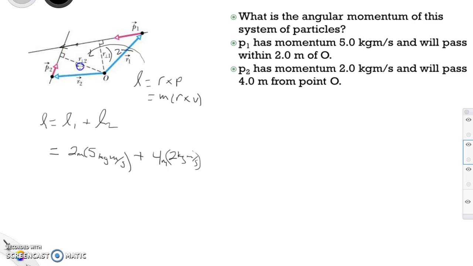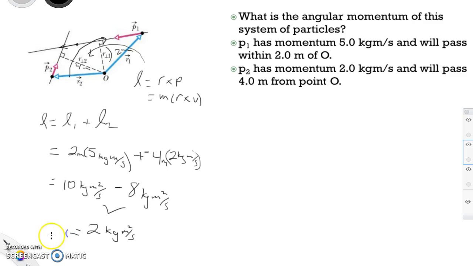So this distance here is 4 meters. And for this one, it's going to cause it to rotate clockwise, which means this one is negative. So we get 10 kilogram meters squared per second minus 8 kilogram meters squared per second, giving us a total angular momentum for the system of 2 kilogram meters squared per second.